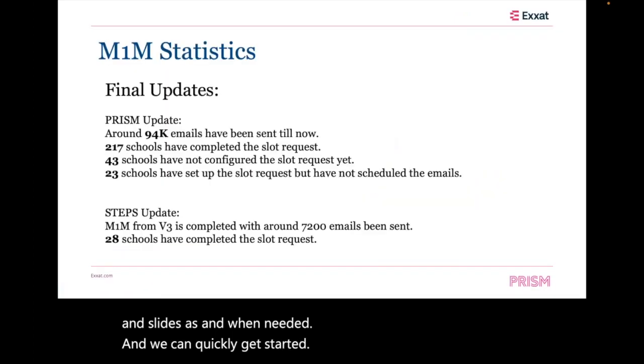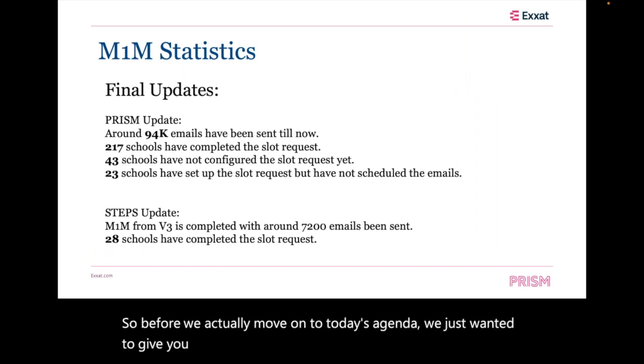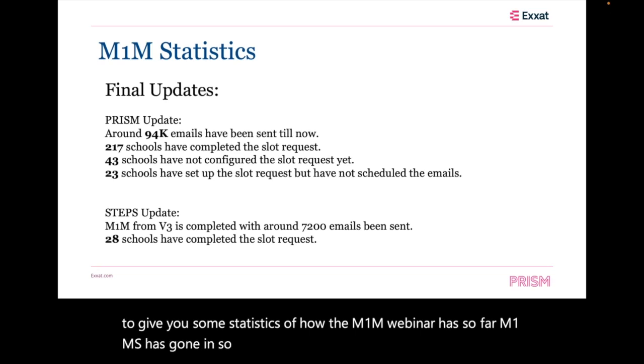Okay, so before we move on to today's agenda, we just wanted to give you some statistics of how M1M has gone so far. We've just got the final update as of Friday.